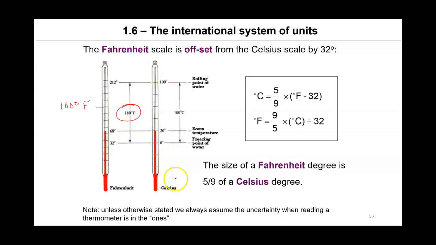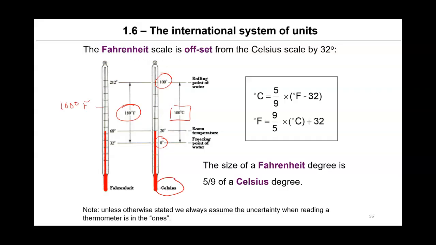Professor Celsius thought this is madness, and what he did was he stuck a thermometer in ice water and he marked where the mercury rested as being 0, and then he stuck a thermometer in boiling water and he marked where the mercury came to rest as being 100, and then he divided that into 100 equal sections.